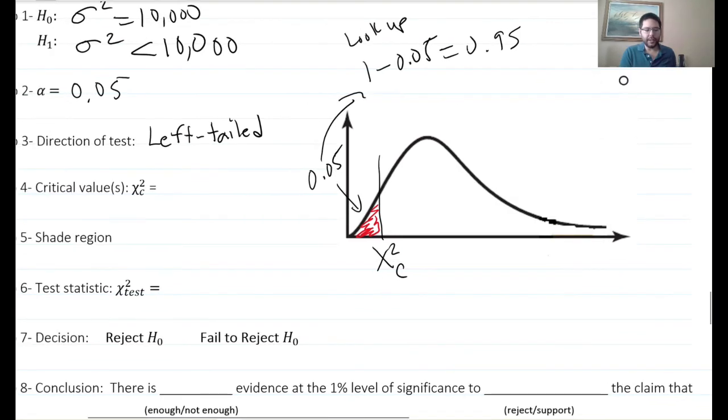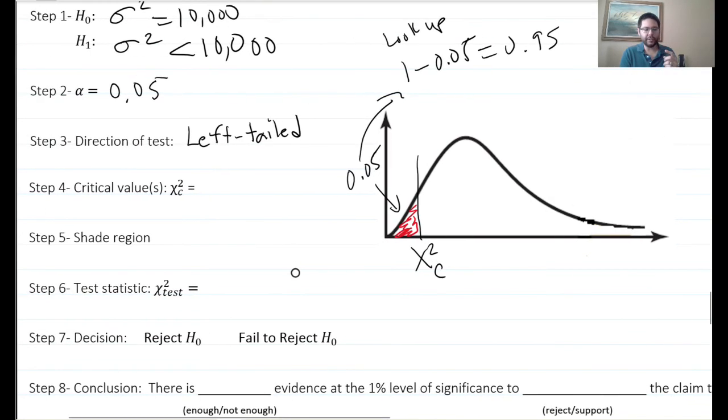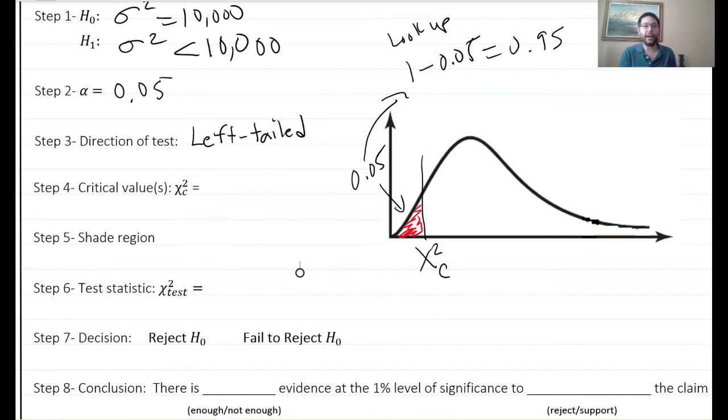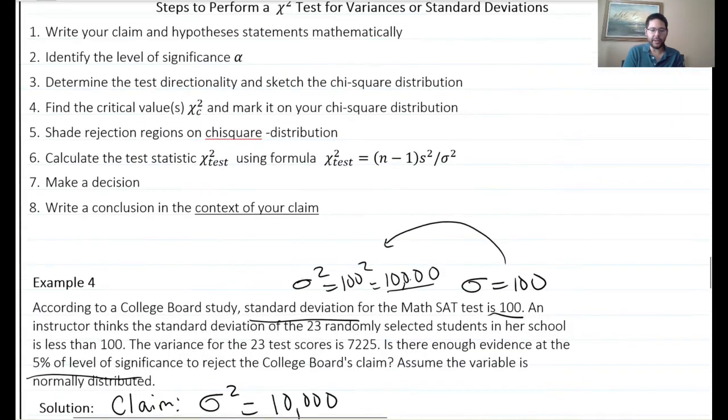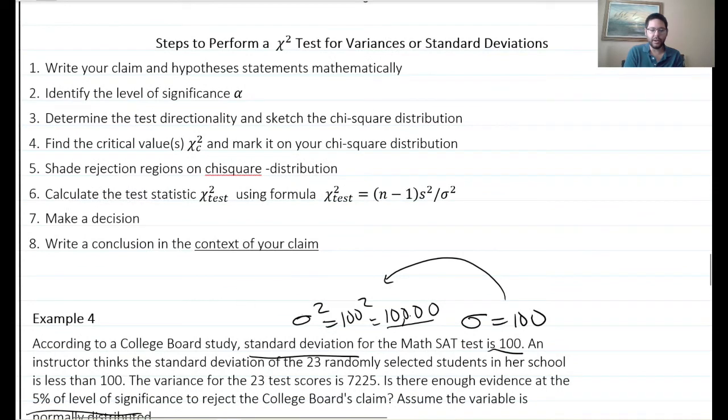Let's calculate our degrees of freedom, because I forgot to put this as a step actually. For step 2 of the chi-square test, identify the level of significance and determine your DF, which is n-1. I forgot to include that, I apologize.